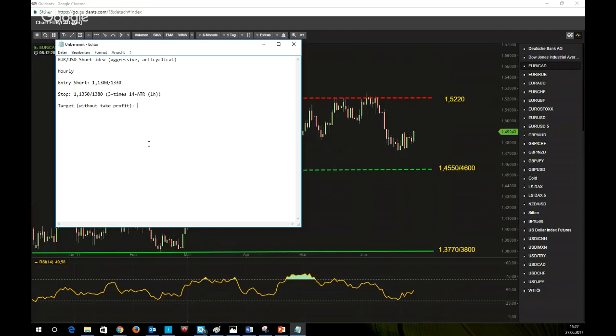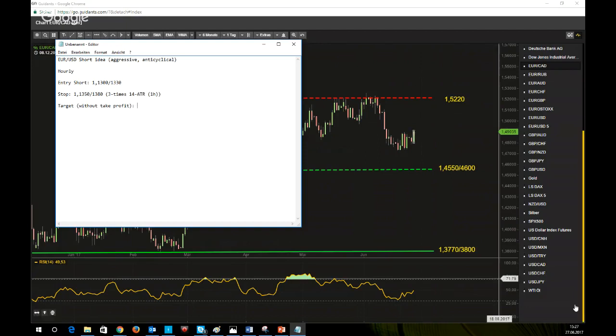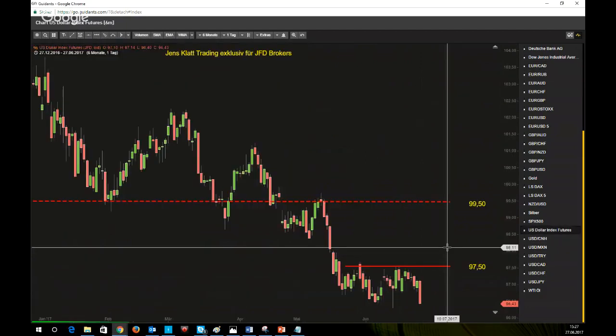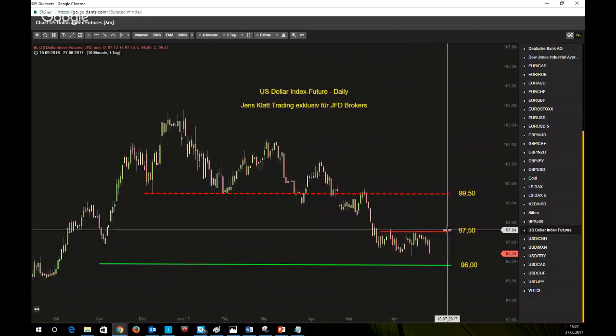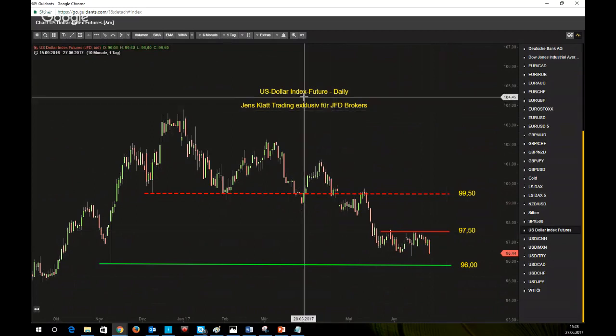Nevertheless, next week could get us some bigger moves in the US dollar, or it could be the start of a bigger correction, while we have to clear this level around 97.50. So you may be wondering why I'm Euro USD short when I see the US dollar being so weak and the Euro so strong.